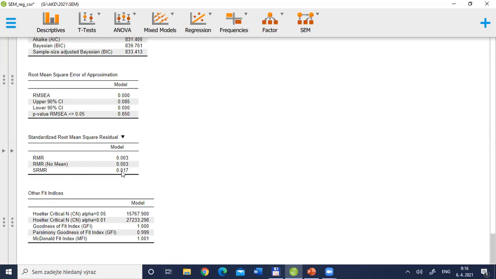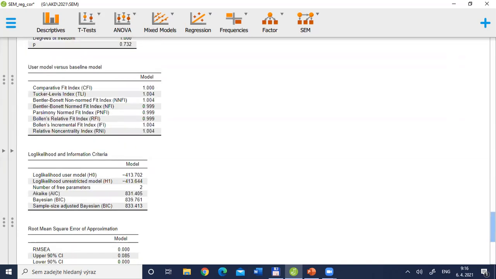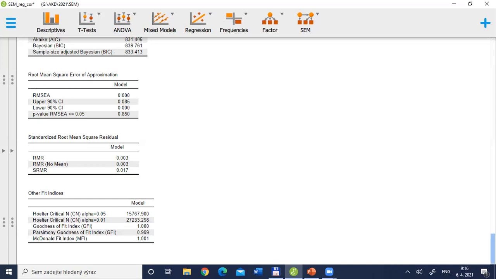Please don't mix this 0.05 value with the classical value for statistical testing. Here, SRMR is not something that is tested. This is only a criterion. So SRMR below 0.05 is the recommended cutoff. According to all of these, SRMR, RMSEA, and all the rest, such as CFI and TLI, our model seems promising.